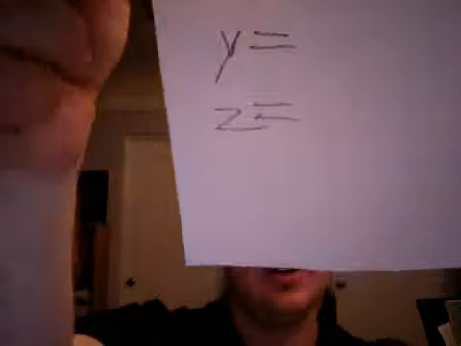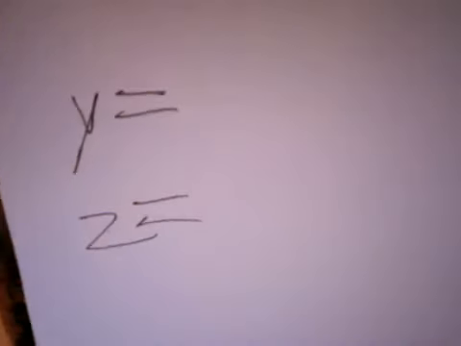Okay, so once y equals something and z equals something, once we've got rid of the x as a dependent variable, both of these are automatically in terms of x, regardless of whether you have an x in your equation or not.